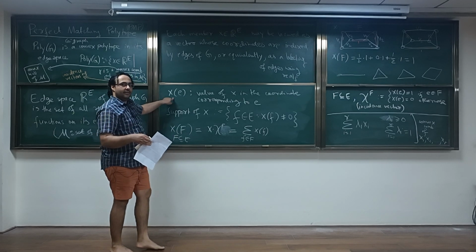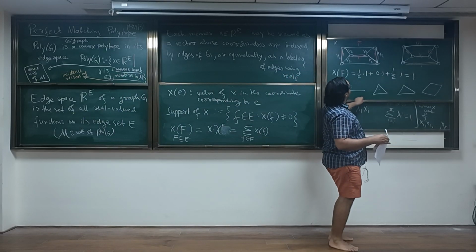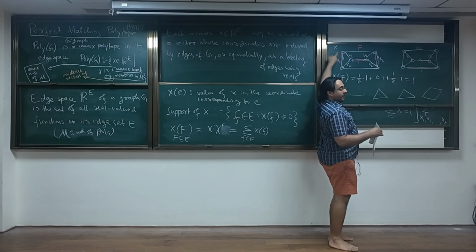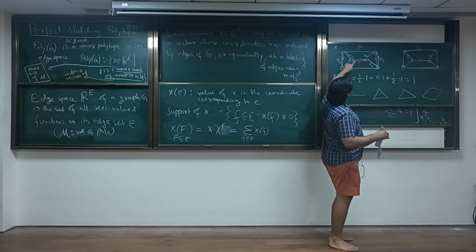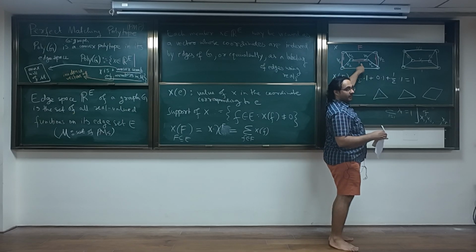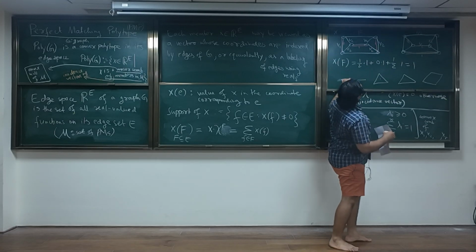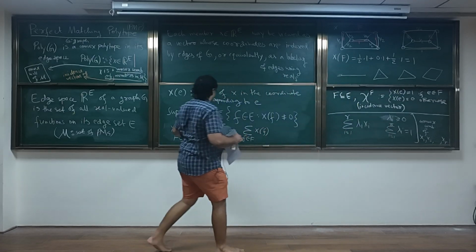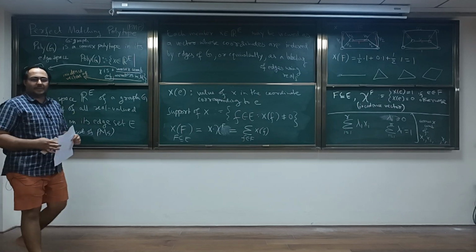You choose the pink edge. So for the vector x, what is x of e for this edge? 1 by 2. This one? No, 0. And this one is 1 by 2. So this drawing is kind of explaining 2 different things, but then it's also relating them by defining this. Okay, good. Any other questions or concerns?